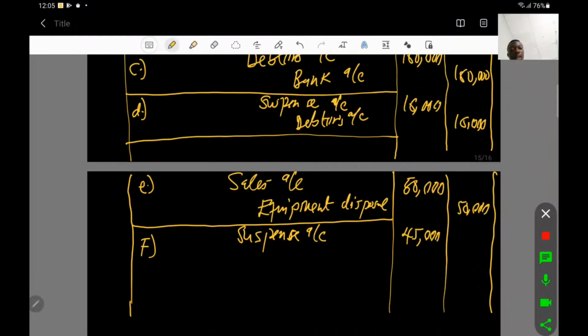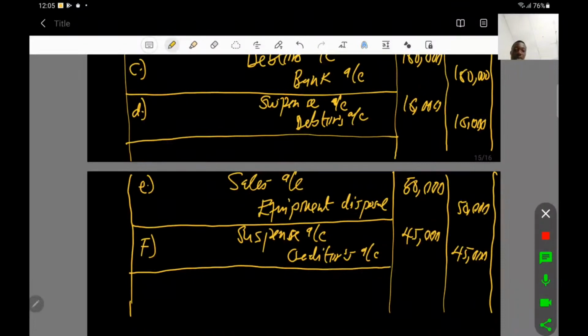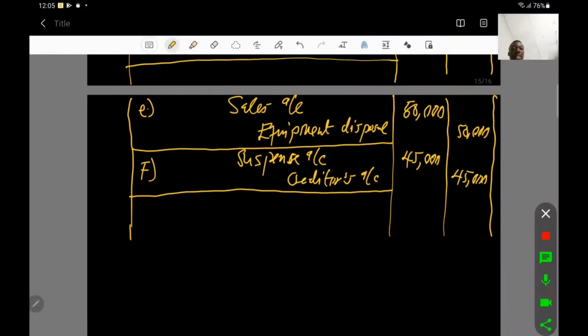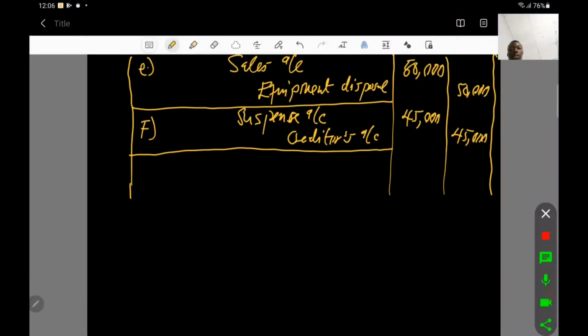And then the other account is trade payables, so that's creditors account. You also write it as 45,000, and you are done. You tell us that creditors account was not recorded, now entered or corrected. In that case, then you are good to go.